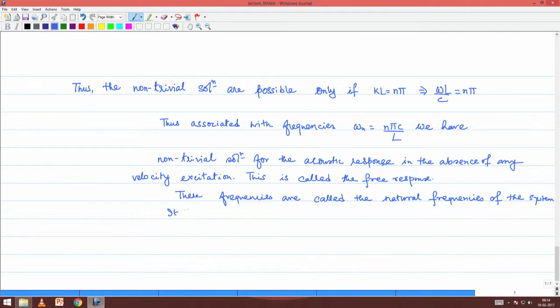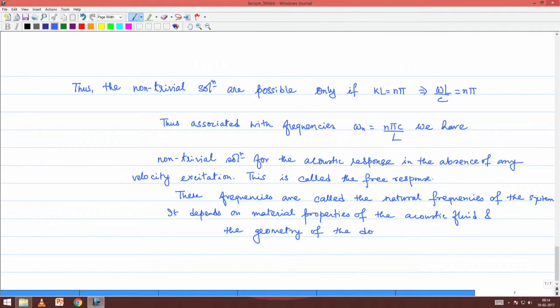It depends on material properties of the acoustic fluid and the geometry of the domain. L is the geometric property and c is associated with the material properties of the fluid.